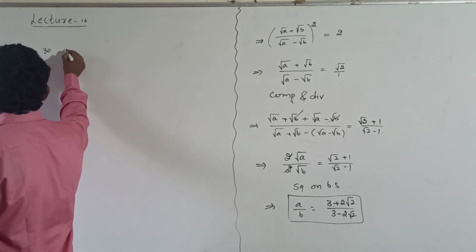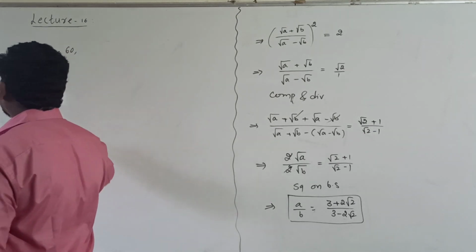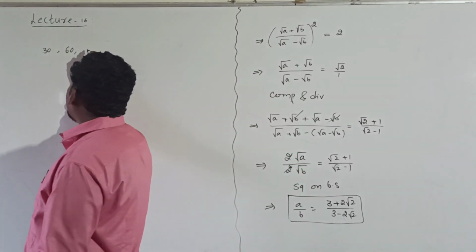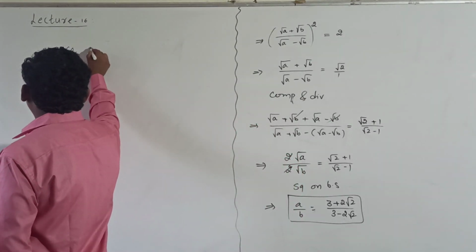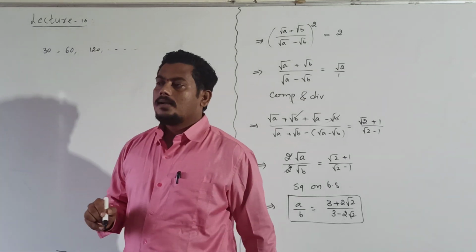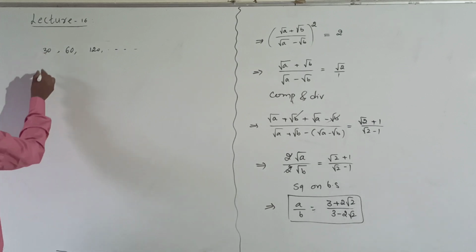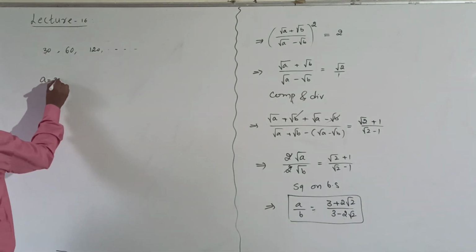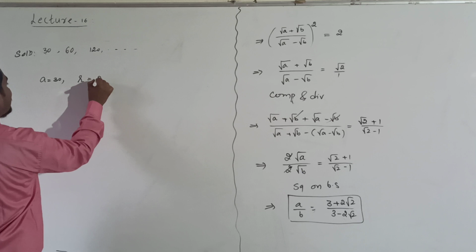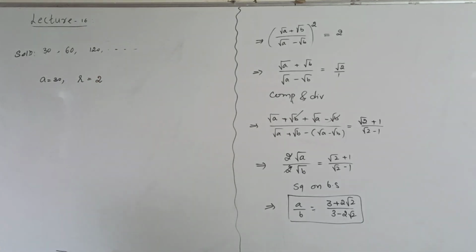Initially 30, after 1 hour 60, after second hour 120, and so on. Originally means initially, so A is 30 and R is equal to 2.